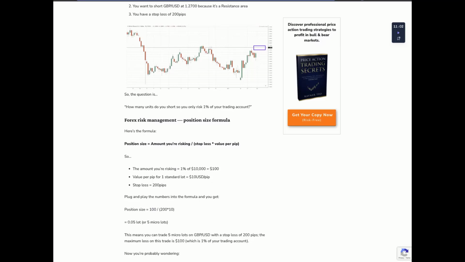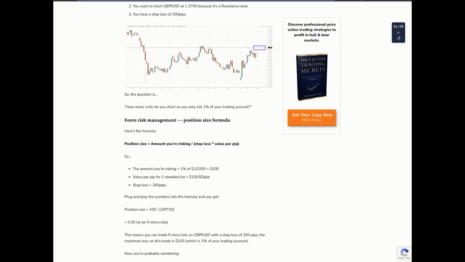That would give you 0.01. So your position size will now be 0.01. Do you get that? 0.01 will be your position size.